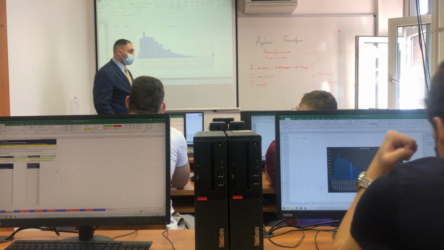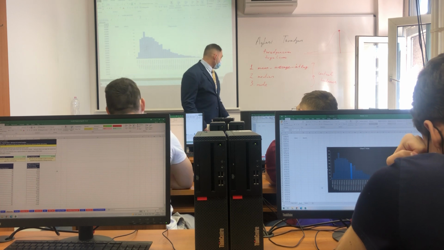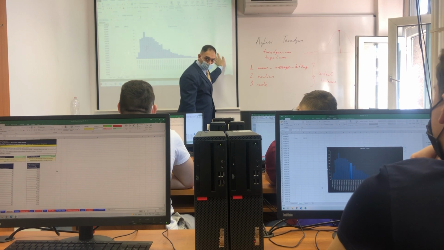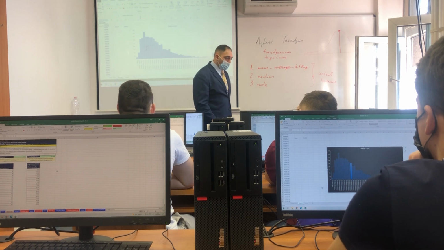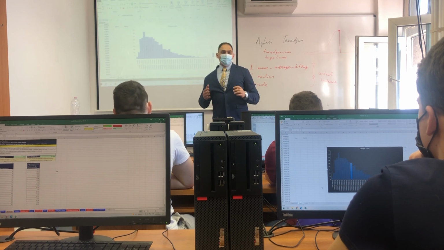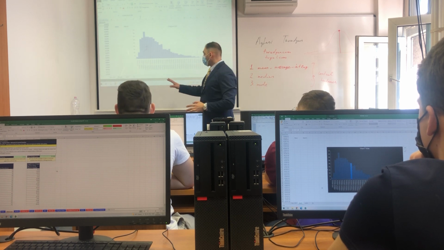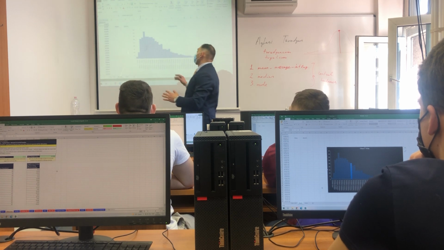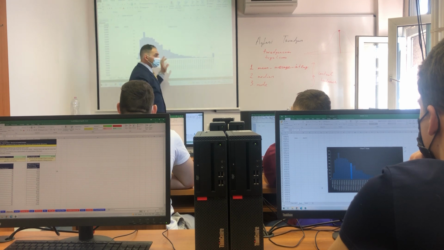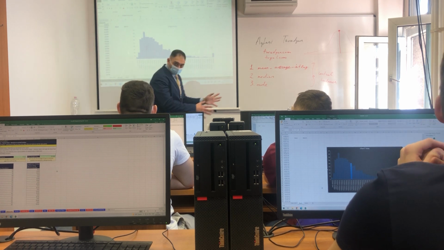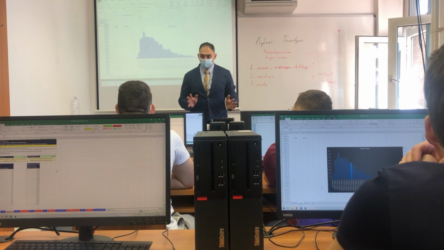So the mean. Let's understand what are those values. Those values are called outliers. Outliers are the values that are deviated from the central part a lot. So if we have the central part and we have a deviation from the central part a lot, a point that deviates from the center a lot, then it's an outlier.